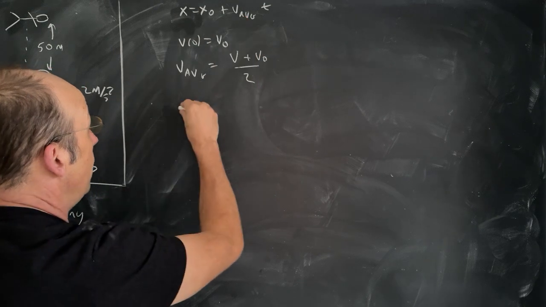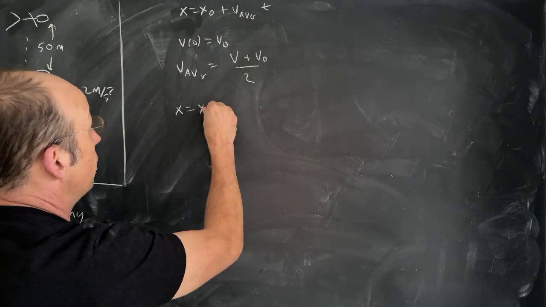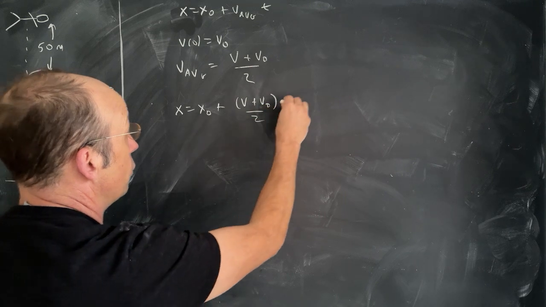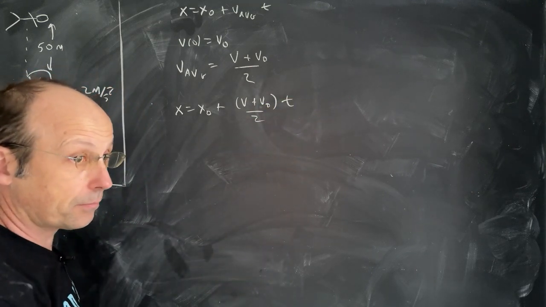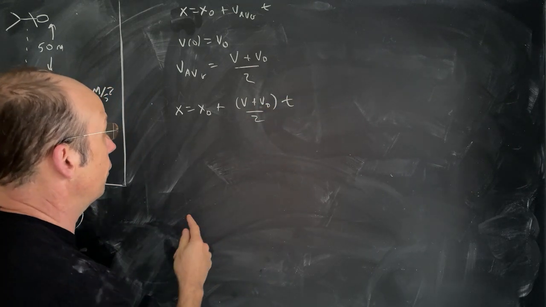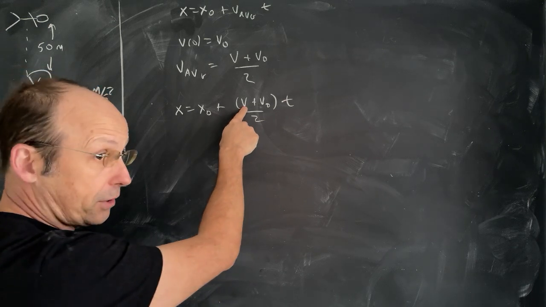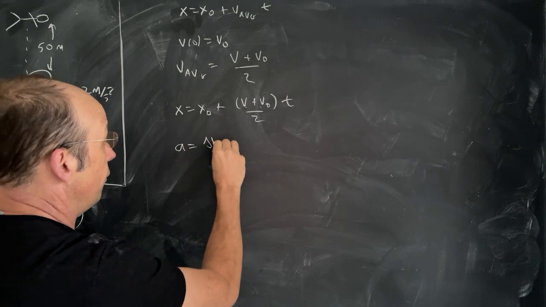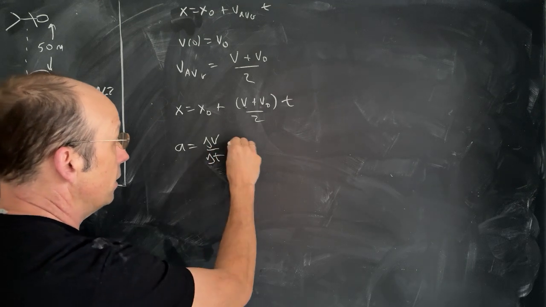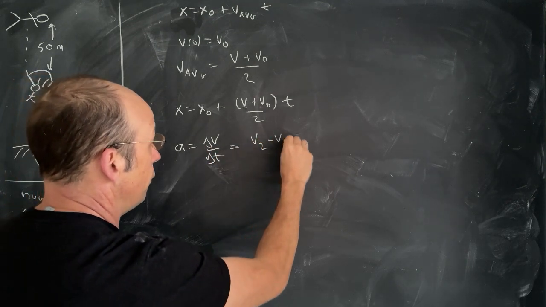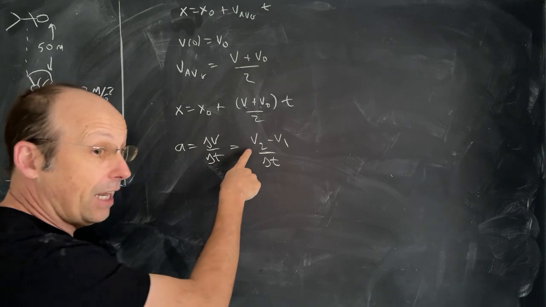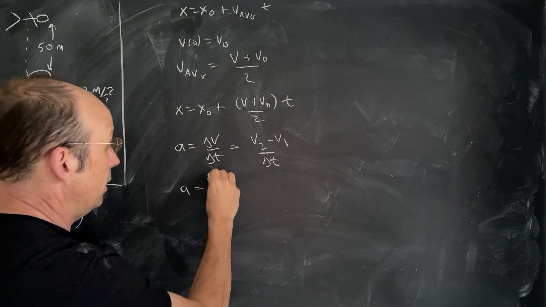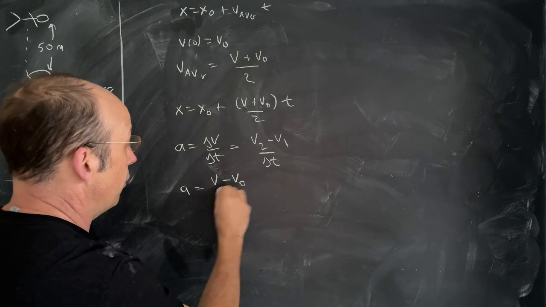So if I put that in up here, I get x is x0 plus v plus v0 over 2 times t. Now I can get an expression for the final velocity. The acceleration is delta v over delta t, which is v2 minus v1 over delta t. If I use t0 and v0, the acceleration is v minus v0 over t.